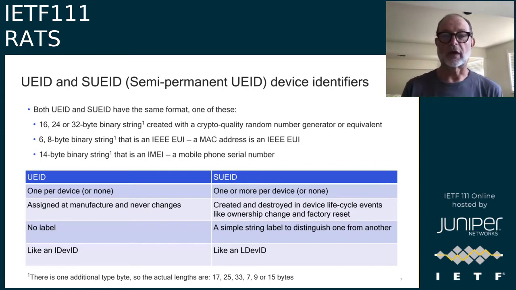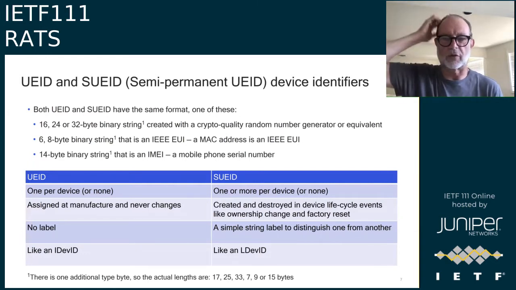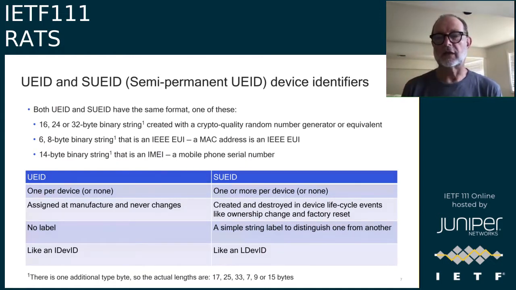Then I went and read the IDevID spec. I think that's IEEE 802.1AR, Secure Device Identity. I don't remember if I got the right IEEE number there, but it has an IDevID and LDevIDs.